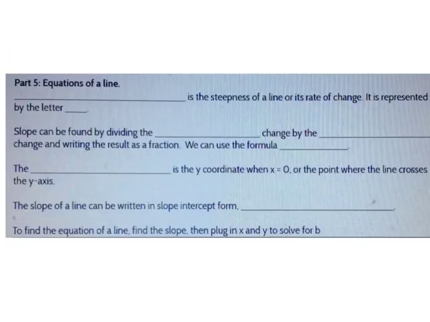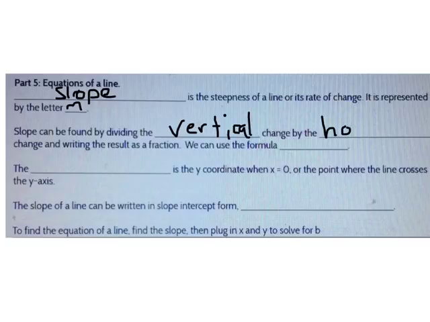We also talked about writing equations of lines. Remember that slope is the steepness of a line or its rate of change. It's represented by the letter m. Slope can be found by dividing the vertical change by the horizontal change and writing the result as a fraction.